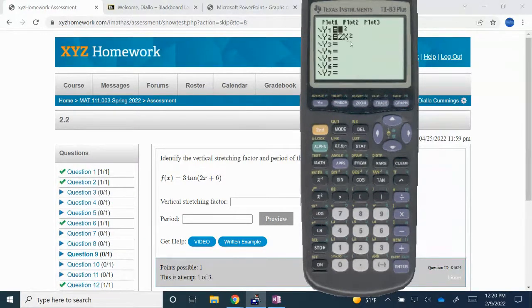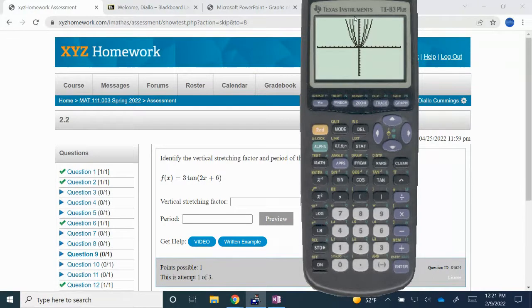So let's see what happens if I put in larger coefficients. Let's use 4. I'm going to put in 4x squared. If I graph 4x squared, notice that my graph is vertically stretched even further.